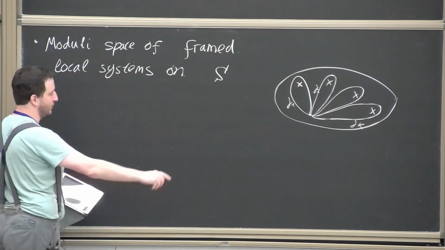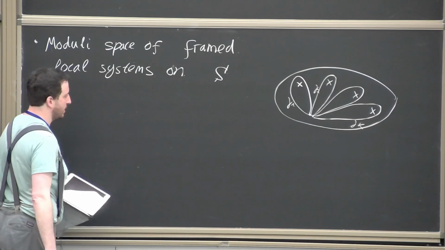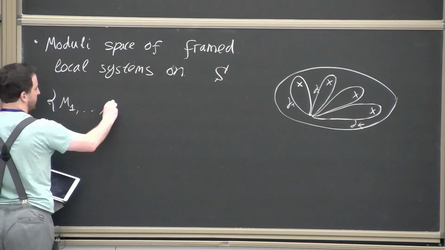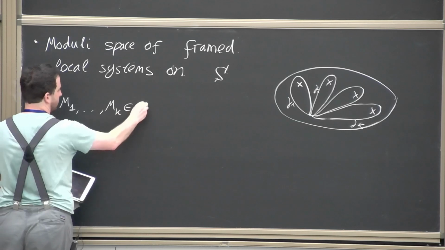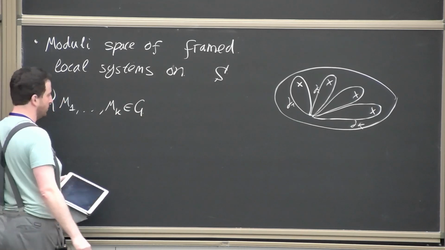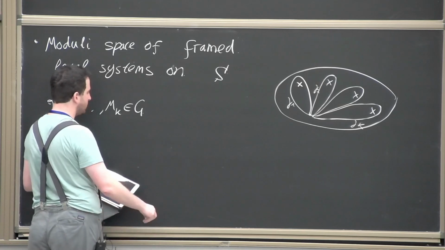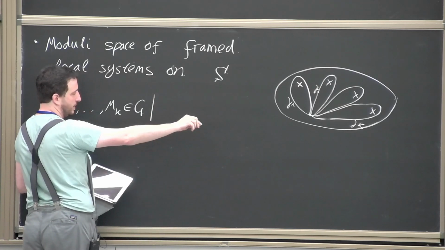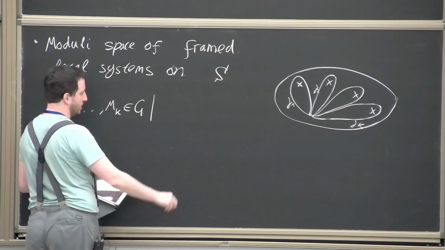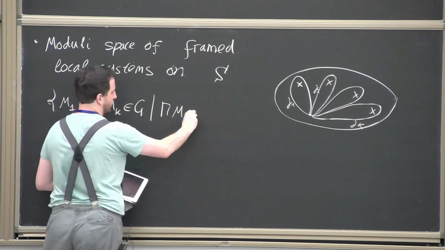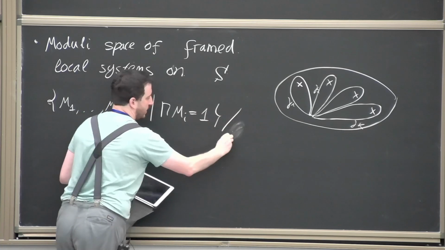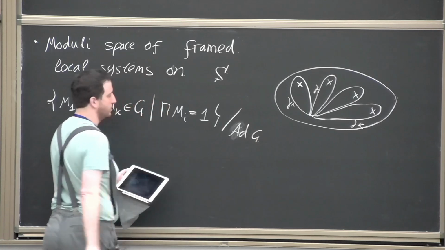And for each of these paths, we construct the monodromies. It is some matrix, so it is a set of matrices, M1, Mk. In this case, they belong to some group G of the same type as before, a complex simple group. The fact that I encircle all punctures in this case leads to the fact that the product of these matrices is equal to 1, and everything is defined up to a joint action of the group itself.